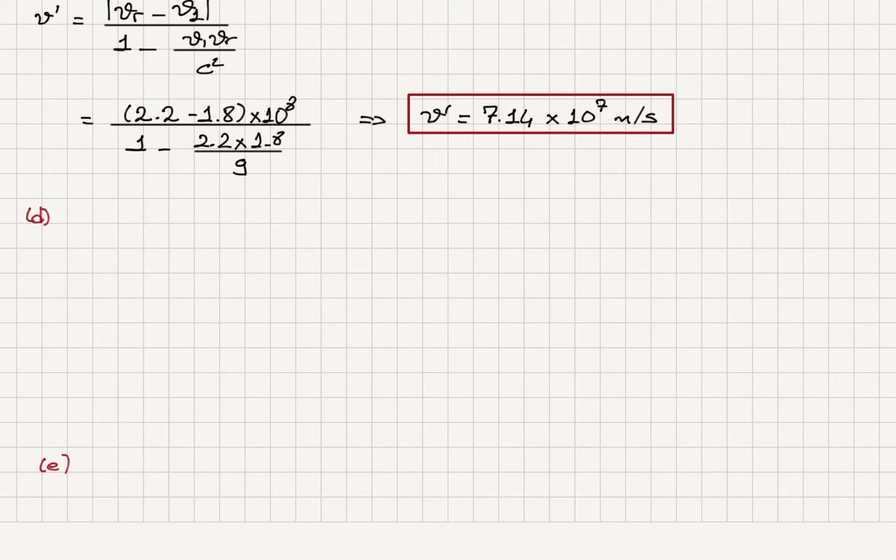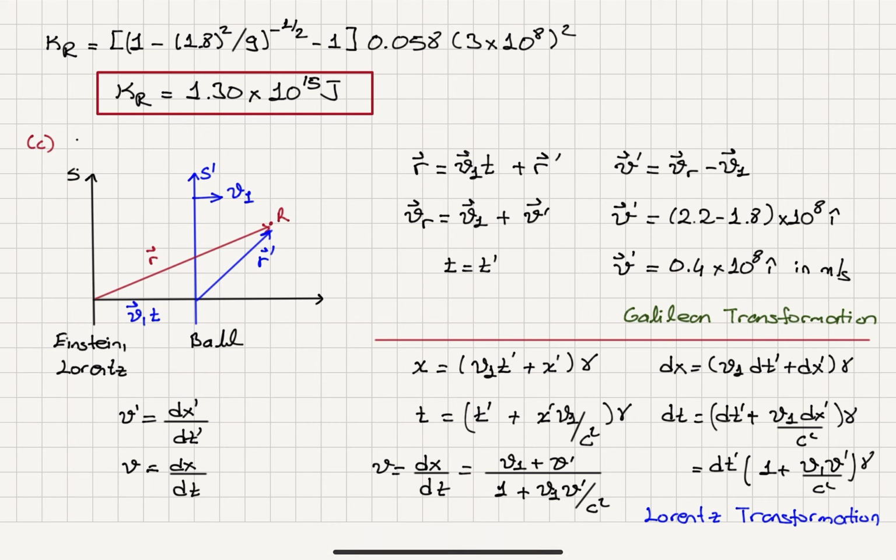All right, so what have we done in this part? First, I tried to do the Galilean transformation to see what will happen. If the rabbit is measured by the ball reference frame, I measure V prime. If the rabbit is measured by the S reference frame, for its velocity I measure V, which I called V sub R. And the Galilean transformation tells me R, the position of the rabbit with respect to the S frame origin, is R prime plus V1 t.